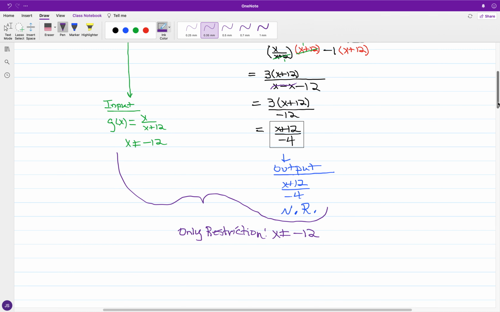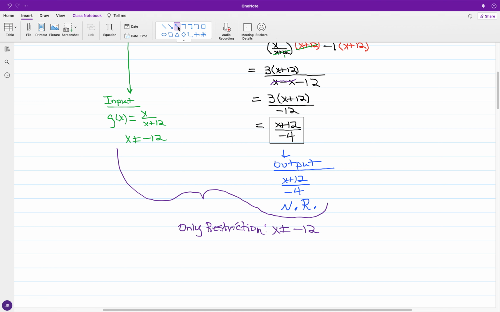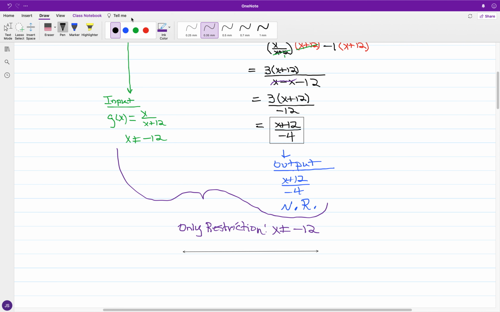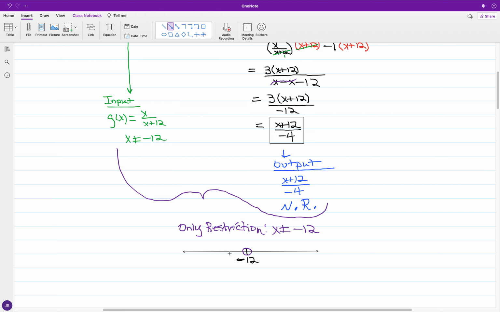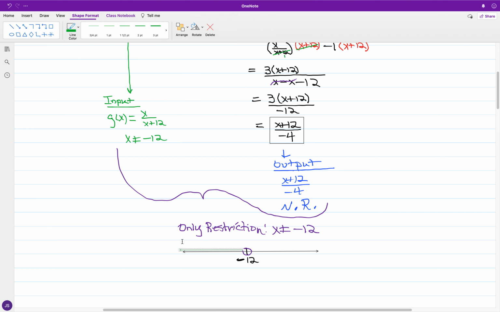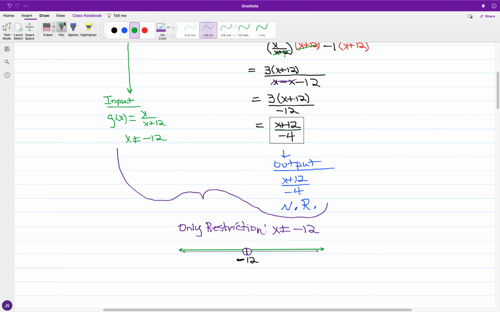And so for the domain of f composed with g of x, you have centered around negative 12, which once again is excluded. And for the activity, you have to the left and also to the right, one end approaching negative infinity and the other positive infinity.